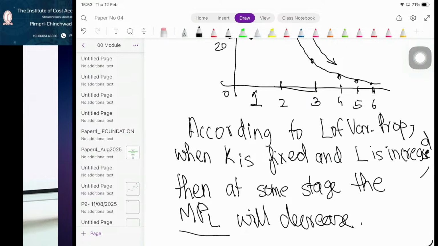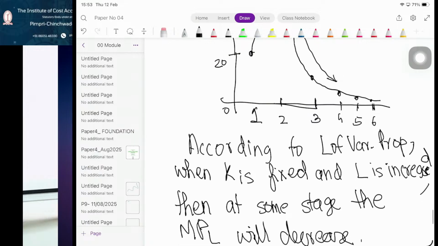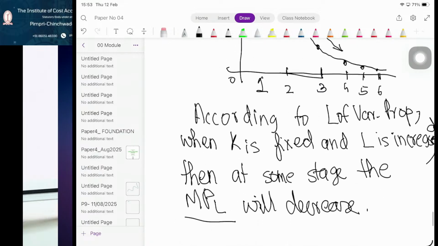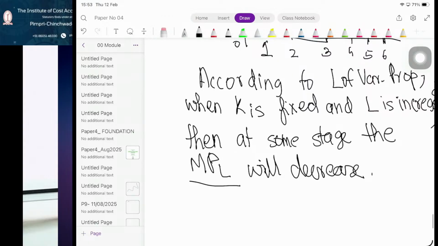At some stage, the marginal product of labor will decrease. Okay, this is called the law of variable proportions. Did you all get this? Yes? Okay. Done. Have you got this?